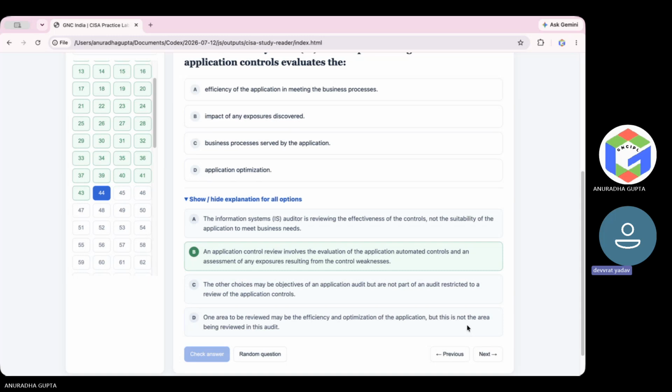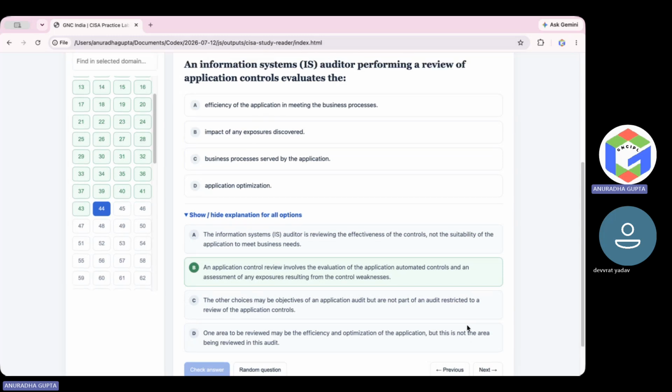I didn't get what he is saying first. So here the option is the efficiency of the application in meeting the business process. Whether the auditor will check the efficiency of the application in meeting the business process or not. What they are justifying is that the IS auditor is reviewing the effectiveness of the control, not the suitability of the application to meet the business needs. It could be possible that the business need cannot be sufficed by only this application.